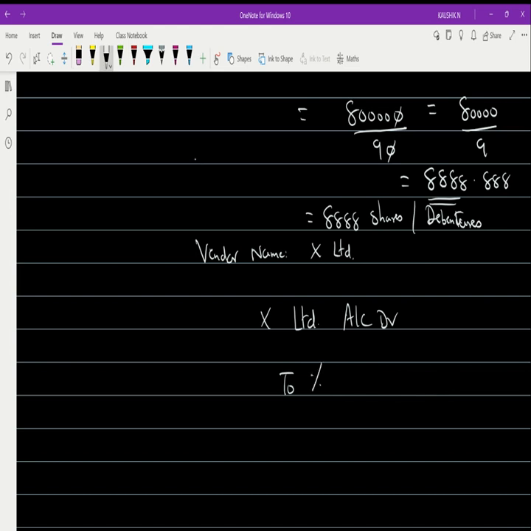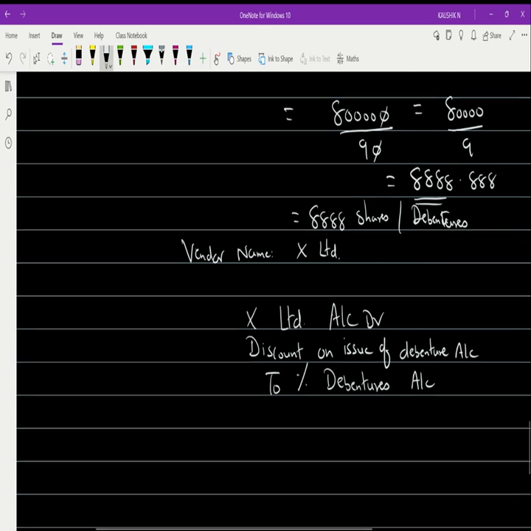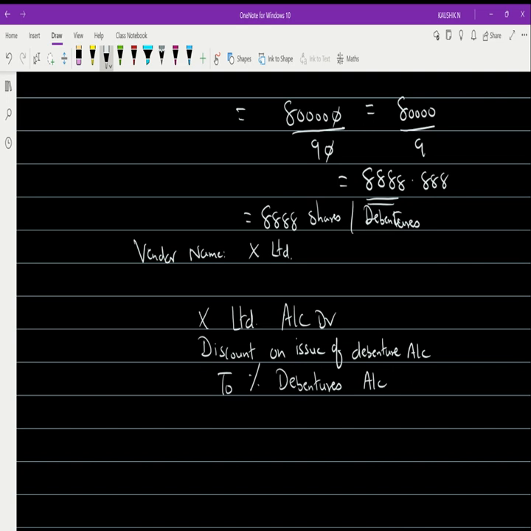To percentage debenture account, and there is a discount involved in this, so the discount should be debited. So I'm mentioning here discount on issue of debenture account. Now these are all the accounts that will be debited.